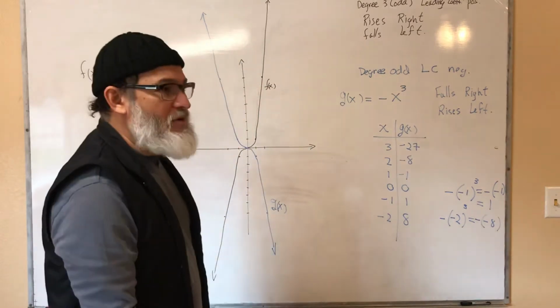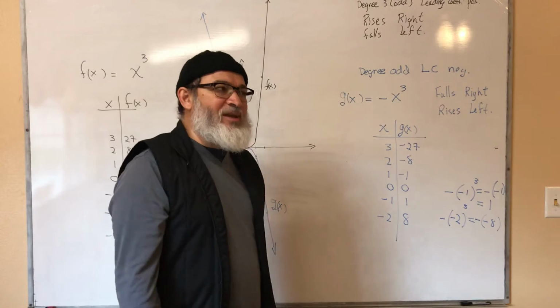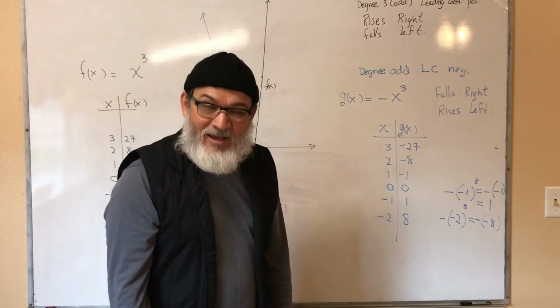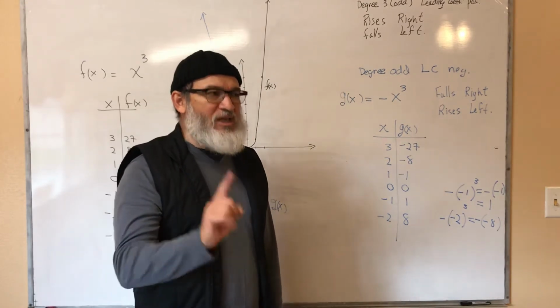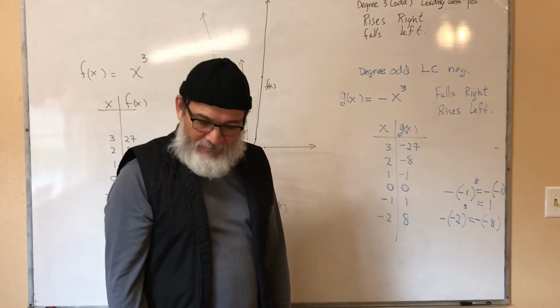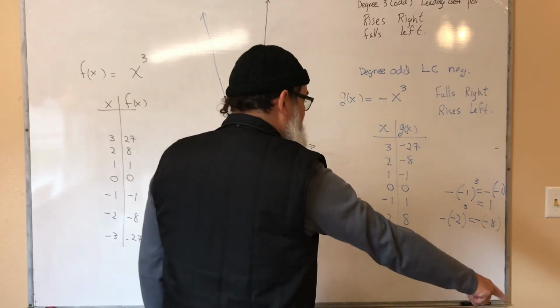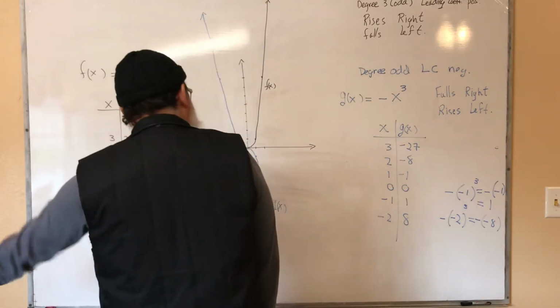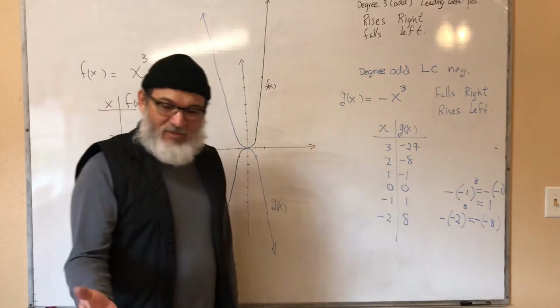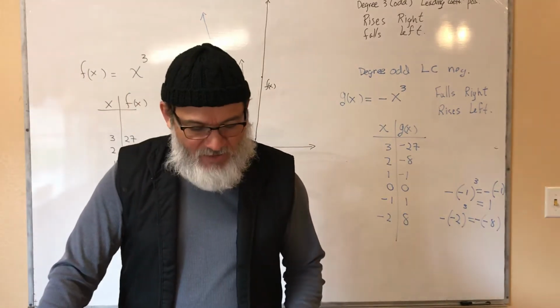That's the end behavior. What is the end behavior if the degree is even? Degree even, leading coefficient negative. Falls right and falls left. The end behavior, guys. We're looking at the end behavior, okay?